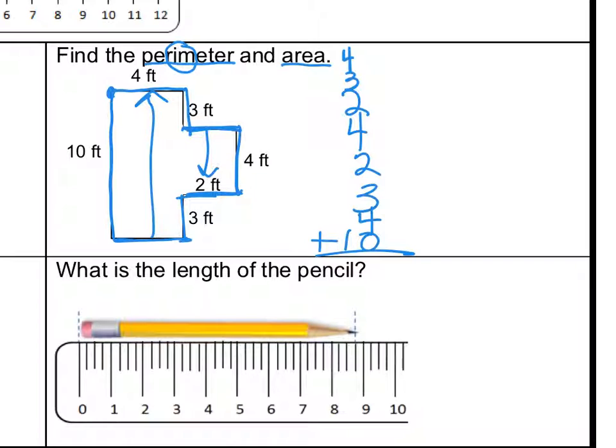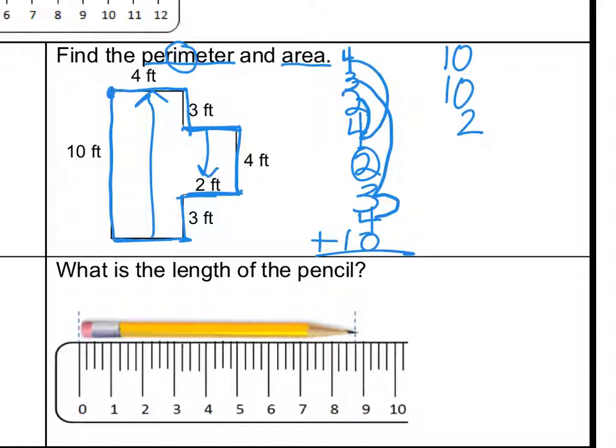So now what I get to do, I'm going to hook these up into sets of 10 if I can. So if I do a 4 and a 4, that gives me 8 plus 2 more. So there's a set of 10. And then I can do the 3 and the 3. That'd give me 6 plus 4 more. That'd be another set of 10. And the only thing I've not hooked up is the 2.